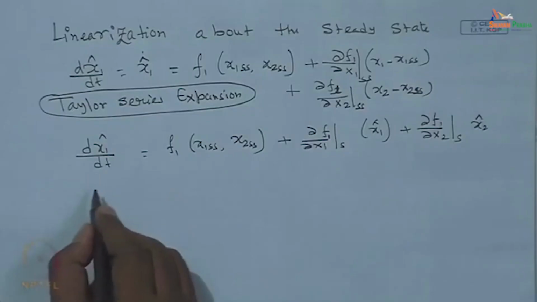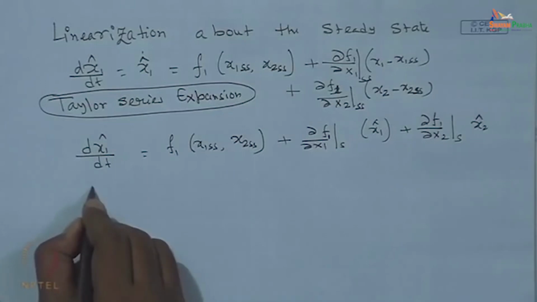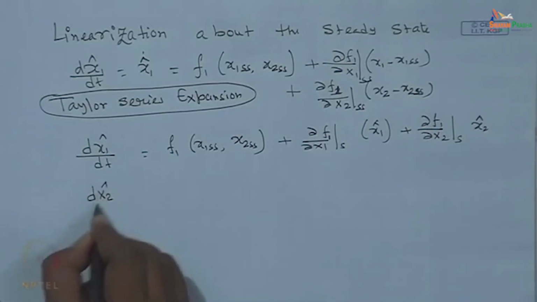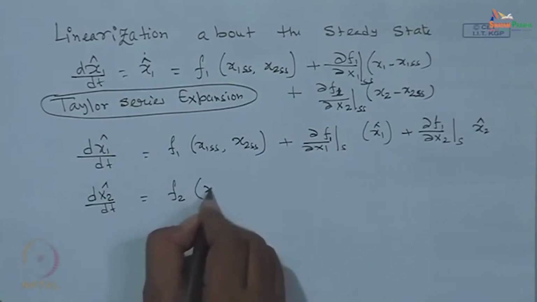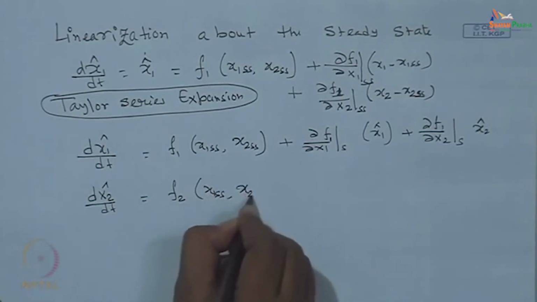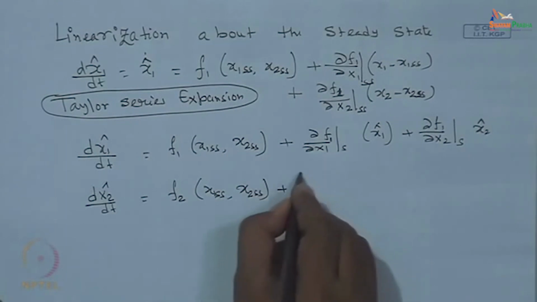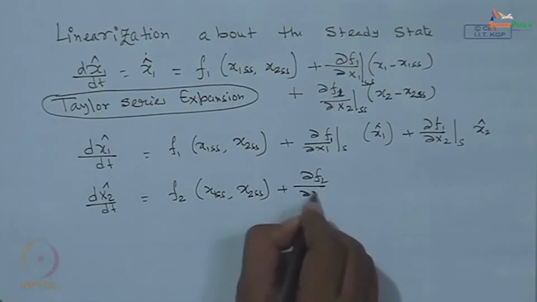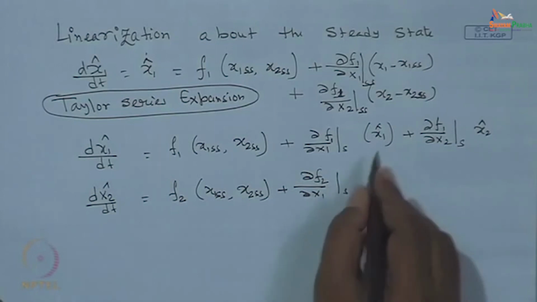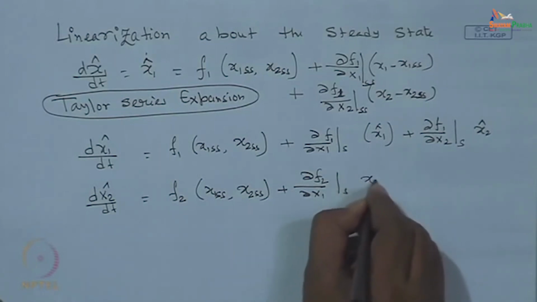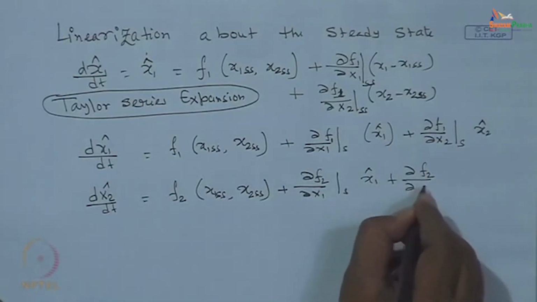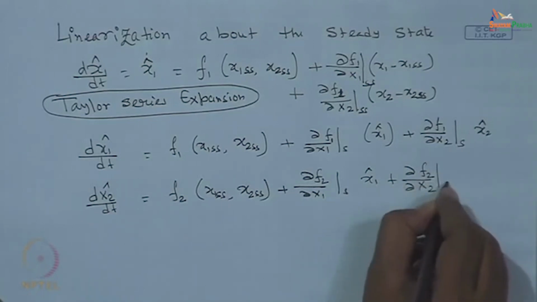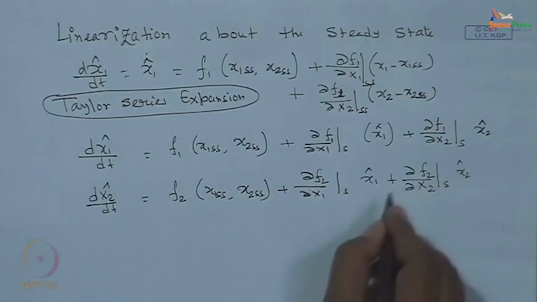Similarly, we will be getting the next deviation variable equation, dx2 hat dt, will be nothing but f2 of x1 ss and x2 ss plus del f2 del x1 evaluated at steady state, and this will be x1 hat plus del f2 del x2 evaluated at the steady state, multiplied by x2 hat.